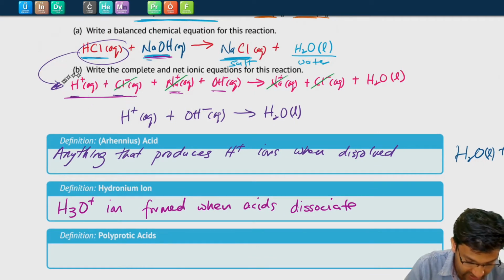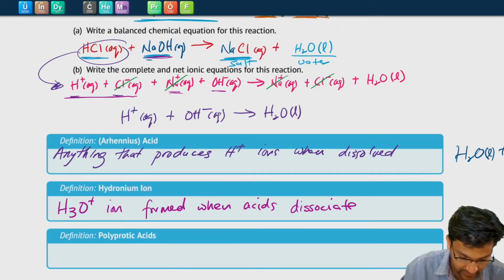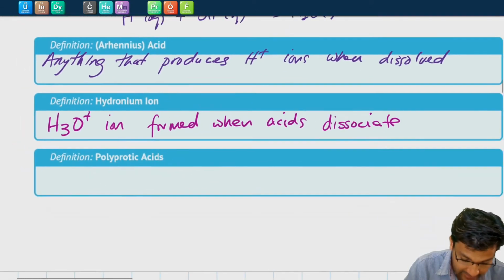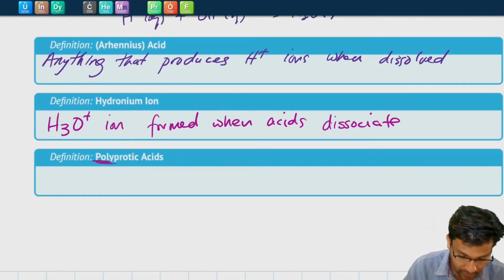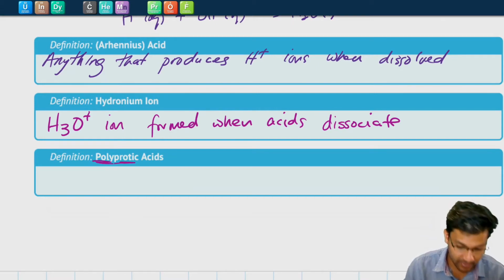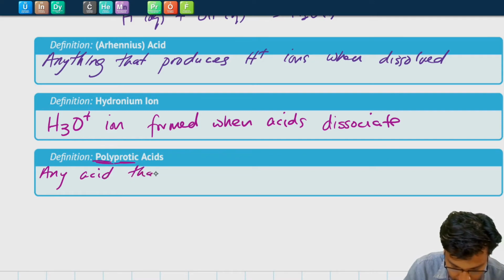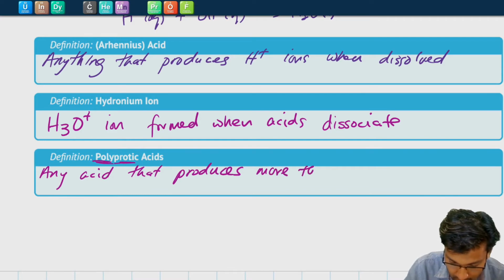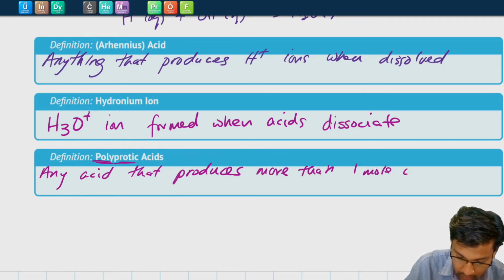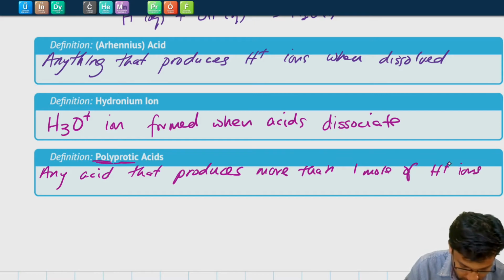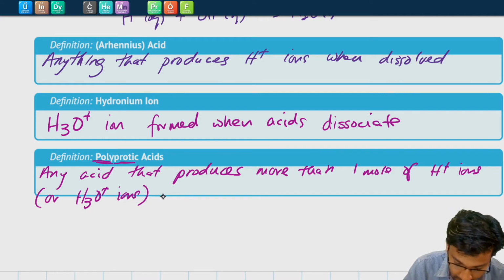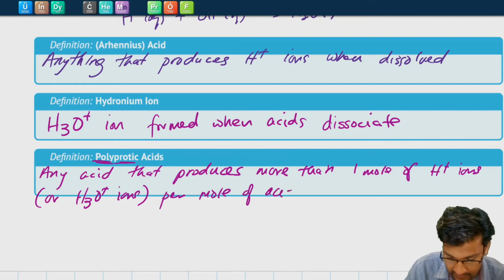In this example we used HCl and it produced 1 mole of H plus ions for every 1 mole of HCl. But a polyprotic acid, poly meaning more than one, protic coming from the word proton, which is just an H plus, is any acid that produces more than 1 mole of H plus ions or H3O plus ions, hydronium ions, per mole of acid dissolved.